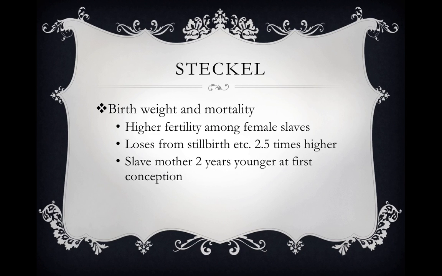Now, it doesn't prove that slave breeding existed, but if you operate under the assumption that slave breeding did occur during this time period, the fact that slave women got pregnant twice as frequently as free women would be an indication of that, and also the fact that the earlier first conception dates would lead you to believe that.